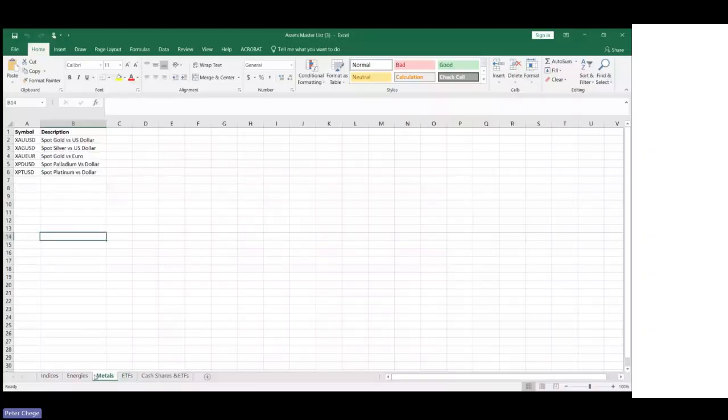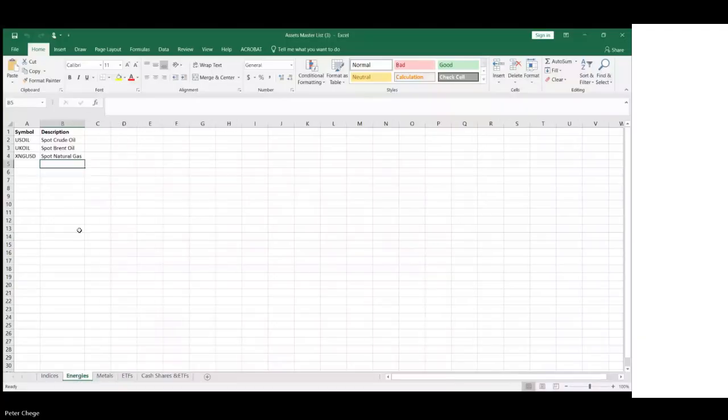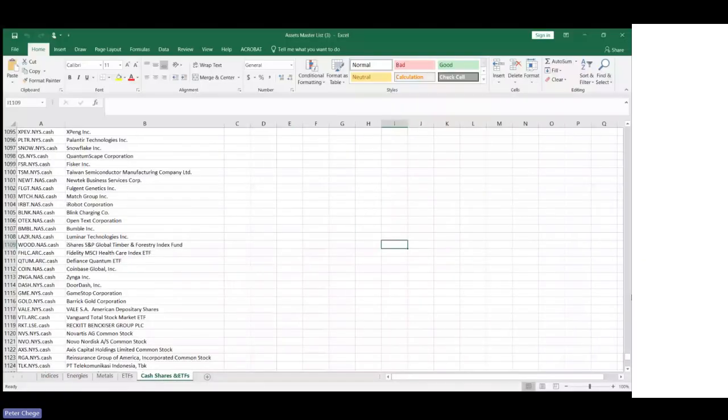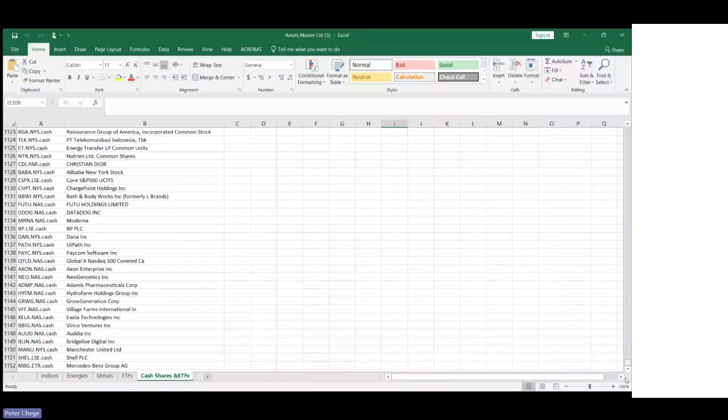The energy, that is oil. Then there are indices that track specific sectors, and also ETFs. Then for shares, I think I said we have over 1,152. All these.